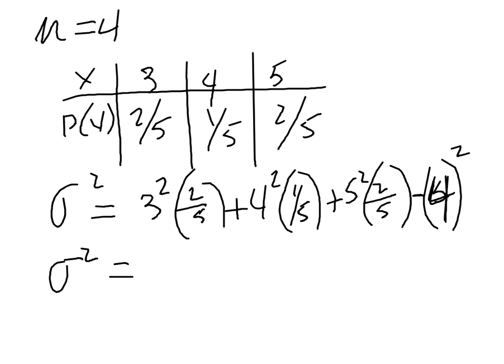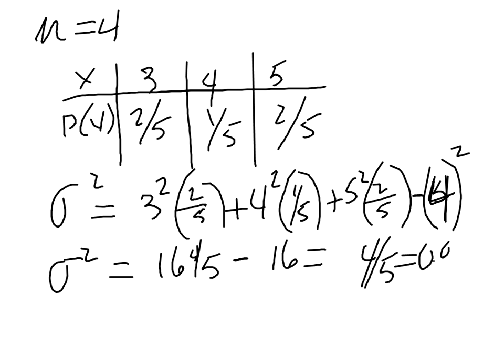I strongly recommend that you verify that. And from that, we're going to subtract 16, and we end up with 4/5, or if you like, 0.8. So let's say that our variance is 0.8.